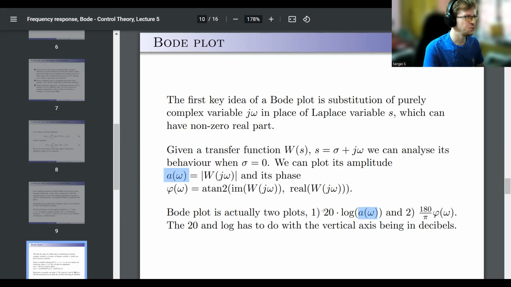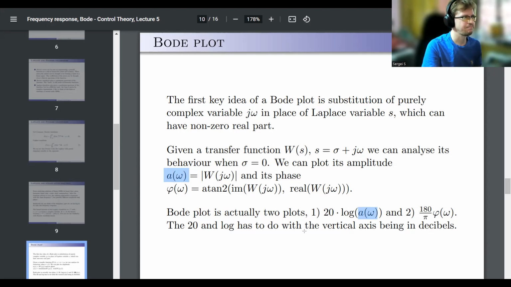And this 2 has to do with the fact that originally people wanted to work with energy, which is a square of amplitude. So if you want to go back to amplitude from the energy, the relation is by square. And the square going through the log gives you 2. If you put this 2 back under the log function, if you take the exponent out of this whole thing, you'll get something squared.